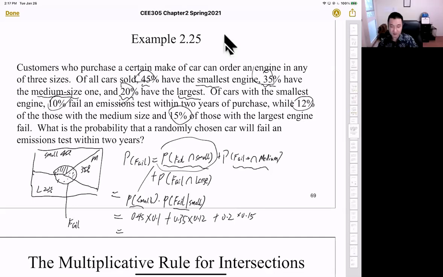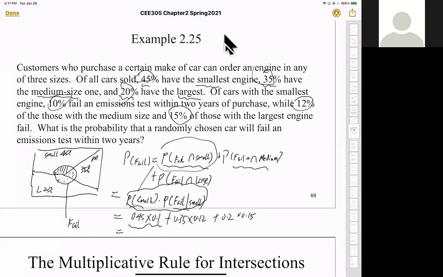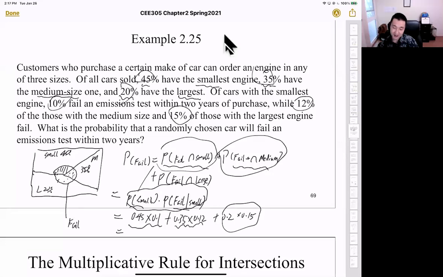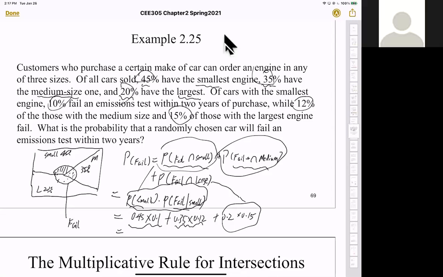And then it equals like 0.45 times 0.1 and then plus 0.35, is that for the small, medium, and large? Yes. So this part is the first part here. Okay. And 0.35 and 0.12 is the second part. And this part is this part. Okay, just making sure.